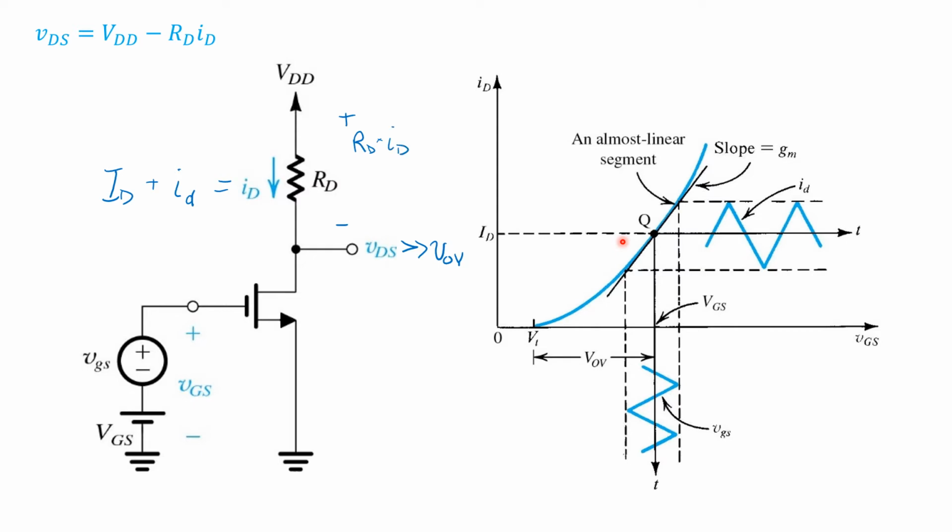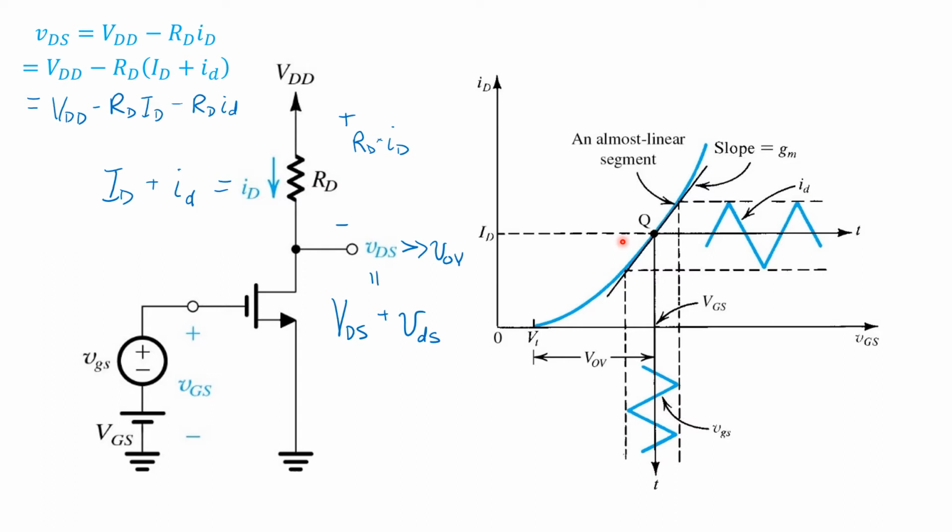Now we can express ID as the sum of its DC operating point and its small signal, and we can keep going here. And recognize that the quantity VDS, the output of our amplifier, also can be thought of as having a DC operating point part, all uppercase VDS, and a small signal part, all lowercase vds.